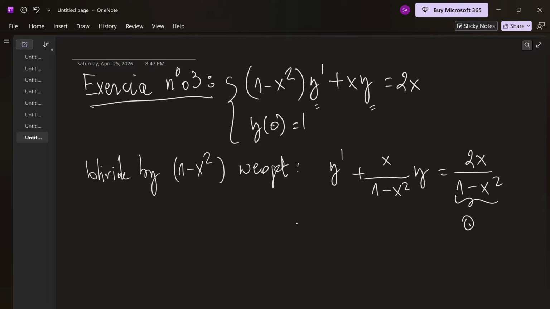So this part is q of x and this part is p of x.